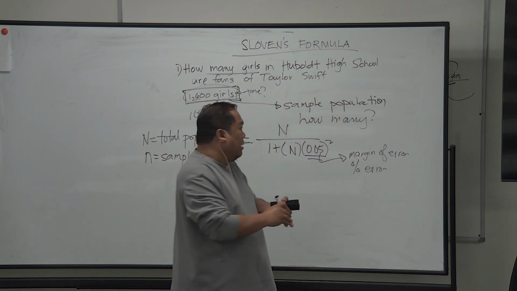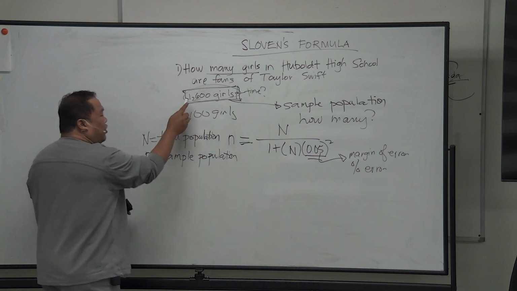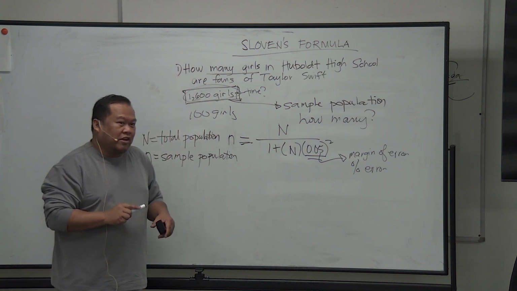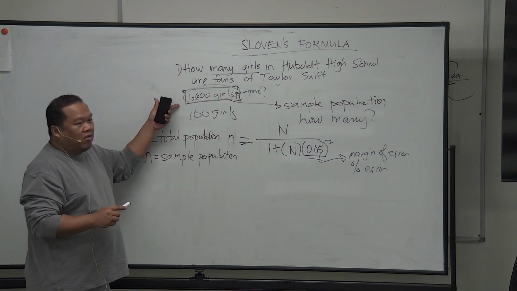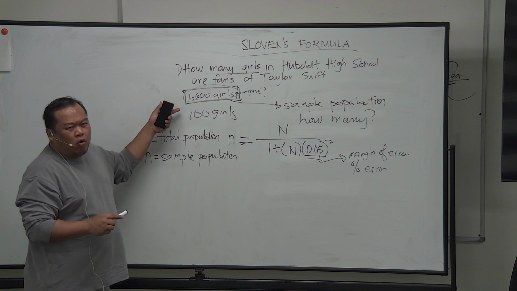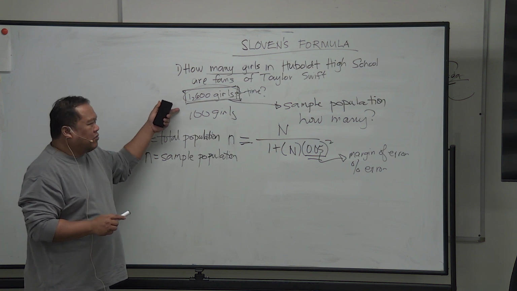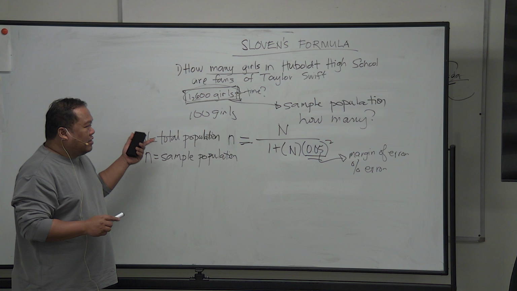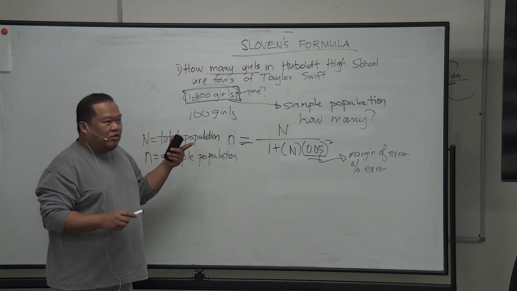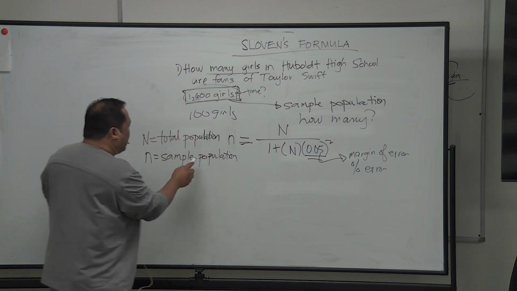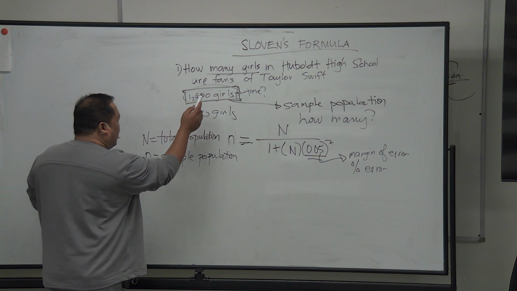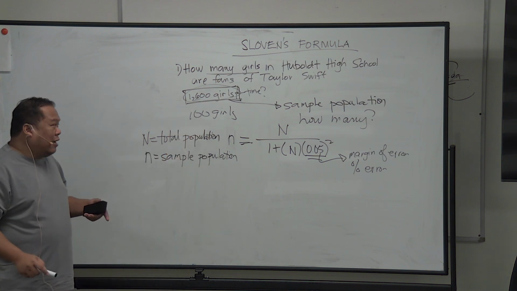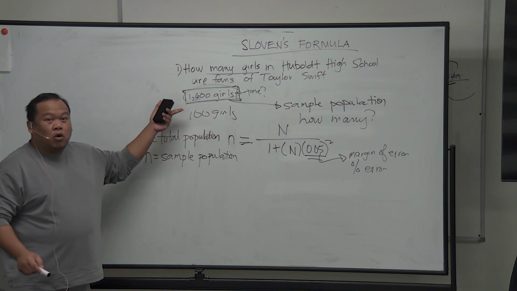Because since you are not interviewing all 1,600, you are not questioning all 1,600, you're only getting a portion of the 1,600 and interviewing them. So you cannot really say that the response of the sample population is exactly 100% the same with the response of the total population.